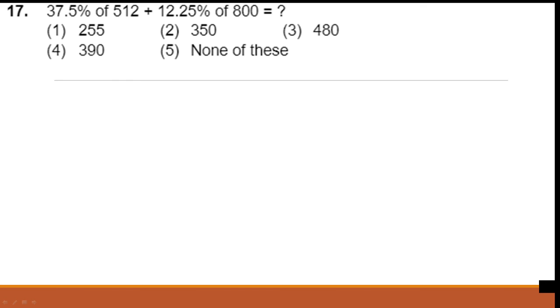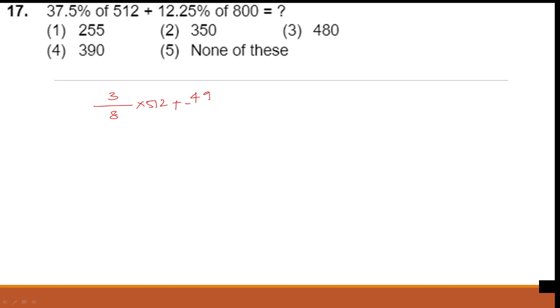37.5 percentage. What is 37.5 percentage actually? 37.5 is nothing but 3 by 8. What is 37.5? 3 by 8 into 512 plus 12.25 in the sense. What is 12.25?